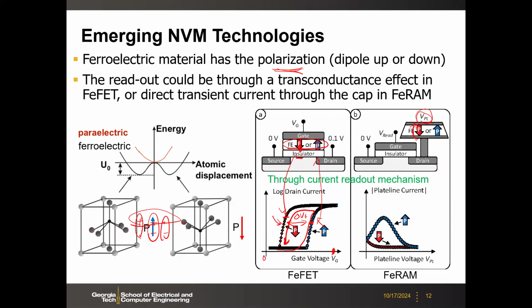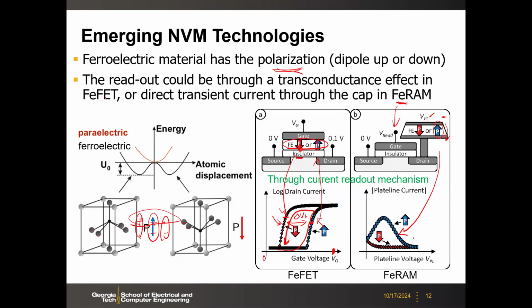So maybe let's say the other one. This one, you will flip these dipoles, then you will get large currents to the plate line. So this is a transient effect. That is the FeRAM.